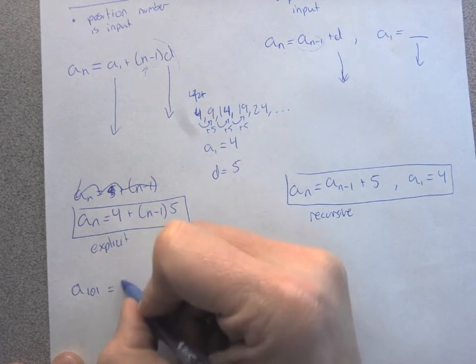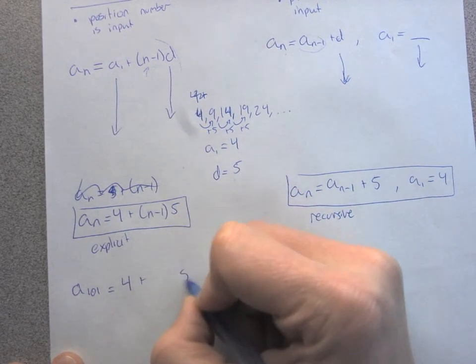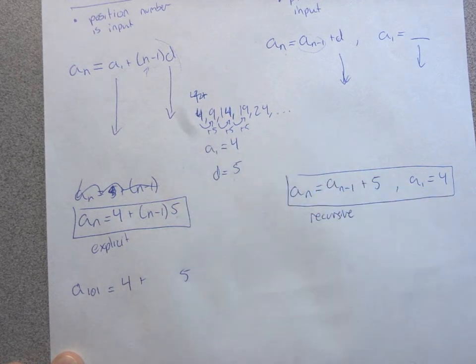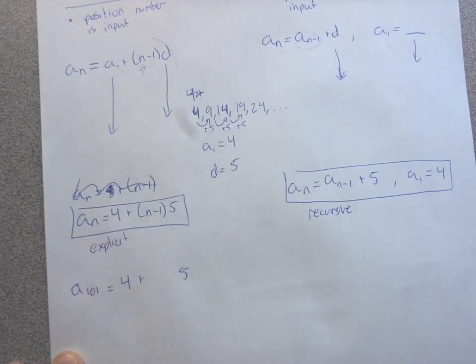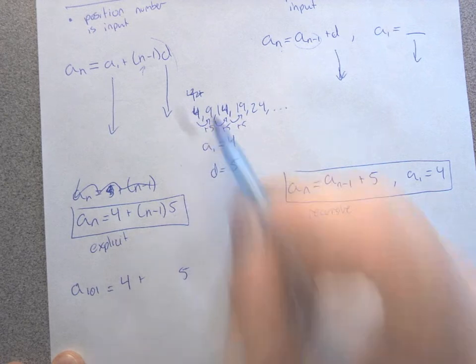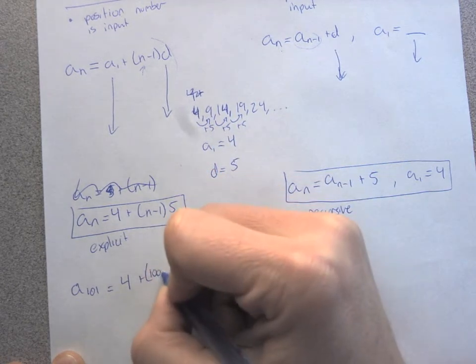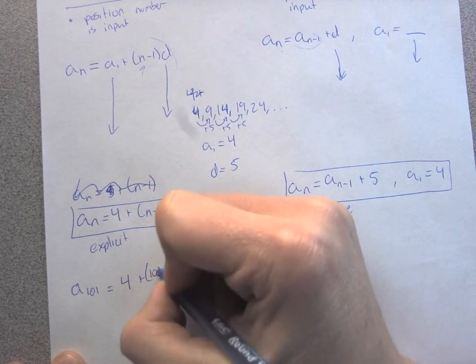We would start with 4, the first term, and the pattern is to keep adding 5s, plus 5, plus 5, plus 5. But at the 101st term, we'll only have added 5 100 times because we don't start adding 5 until the second term, which is why we have n minus 1 here. So this is 101 minus 1.